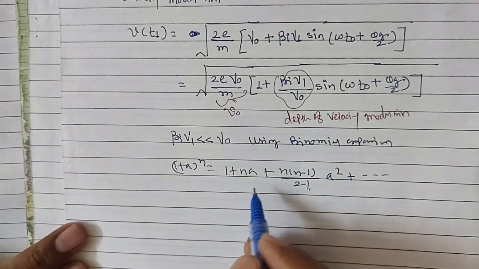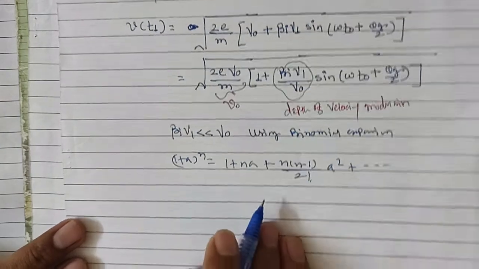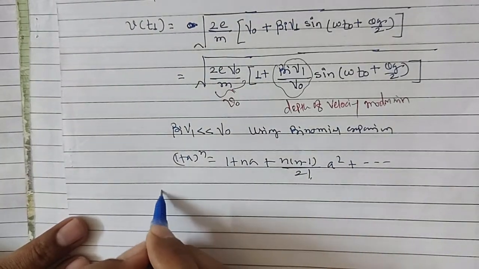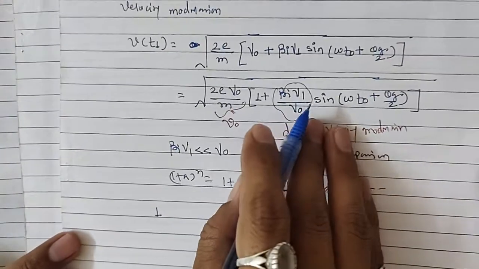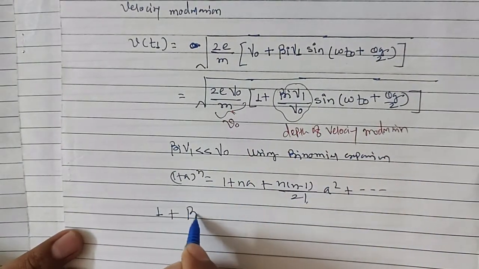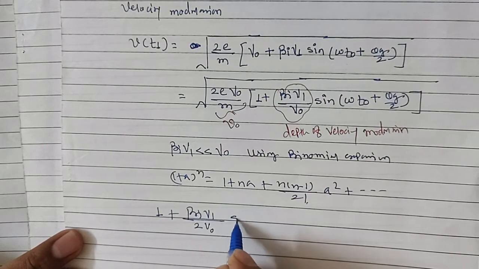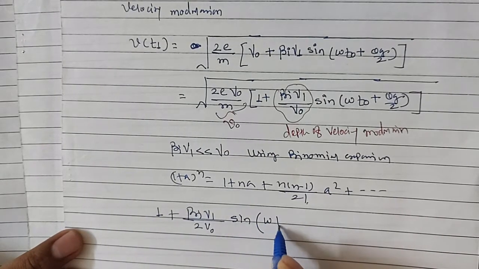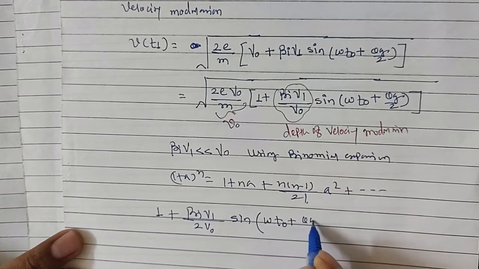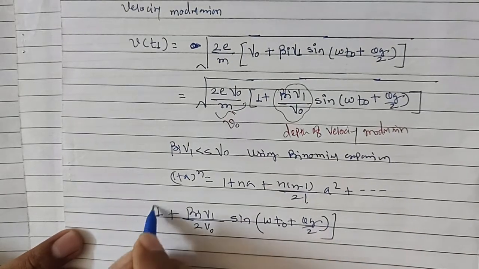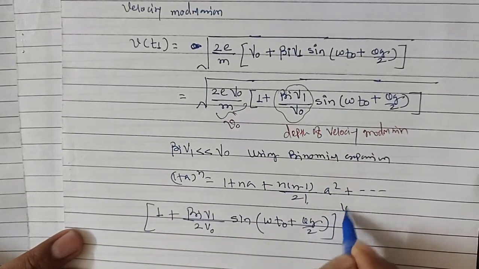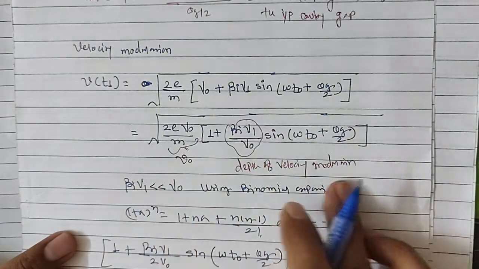Taking the first two terms and ignoring higher order terms, we apply this to the bracket 1 plus beta I V1 upon V0 sine omega T0 plus theta G by 2, raised to 1 by 2, because this term is under root.